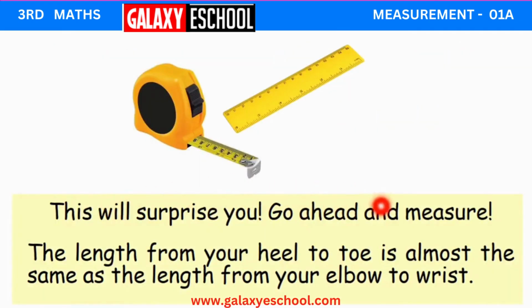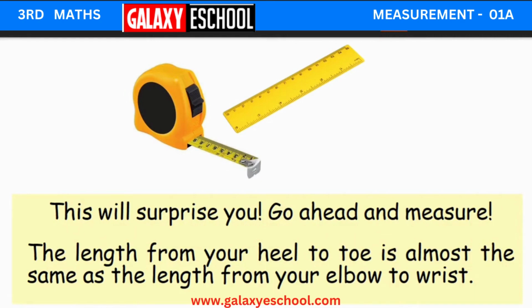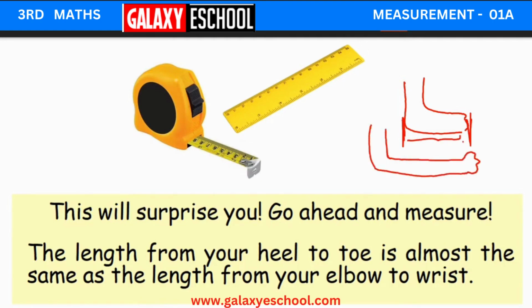This will surprise you. Go ahead and measure. The length from your heel to toe is almost the same as the length from your elbow to wrist. What are they saying? We have our legs, right, children? This is our heel and this is our toe. This distance is almost equal to this.